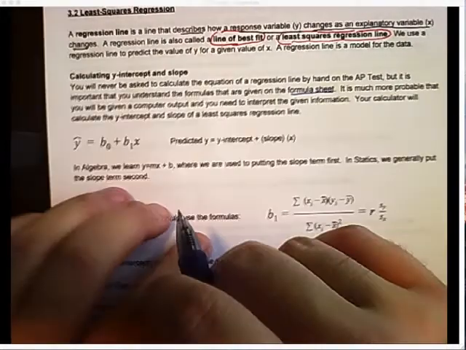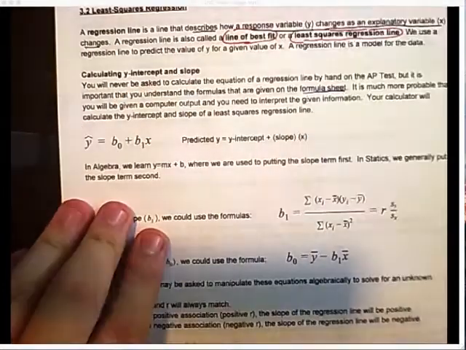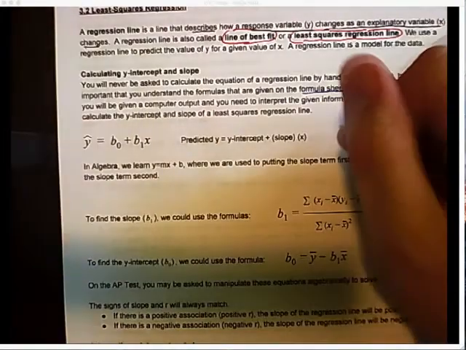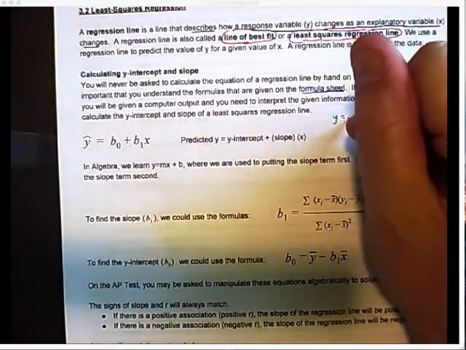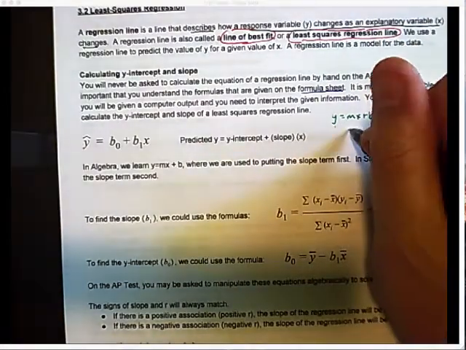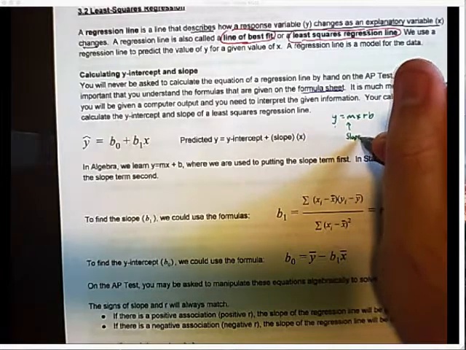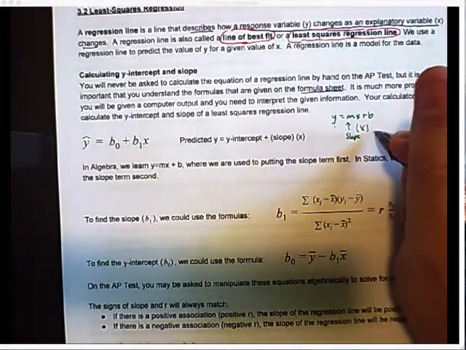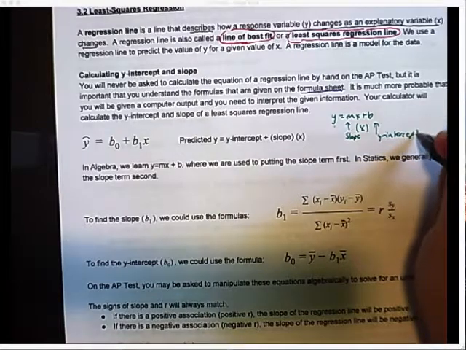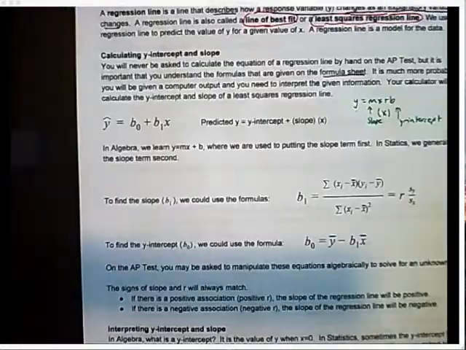Okay, so here's the general form. If you remember back in algebra, we are so used to saying y equals mx plus b, or the y value equals the slope times x plus the y-intercept. In statistics, we like to put those terms backwards.